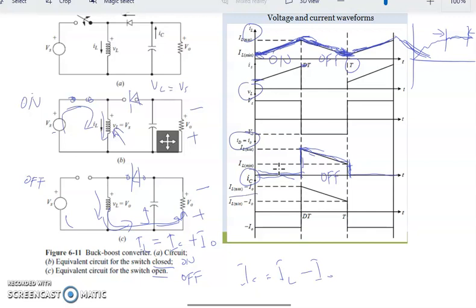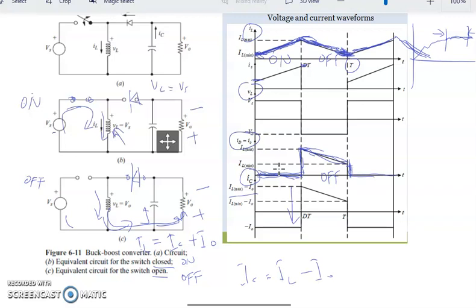It means that compared to what happens in the diode here, the capacitor current is shifted by the amount of IOut. Okay, shifted down.